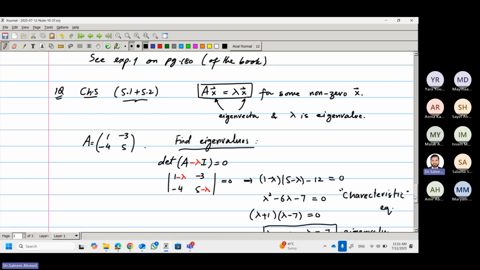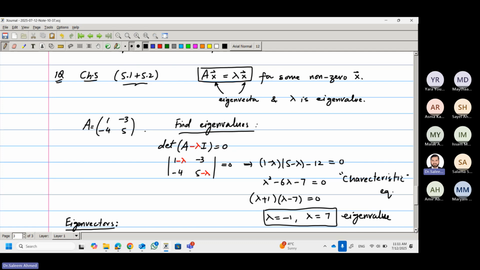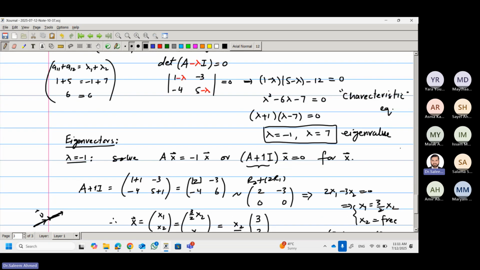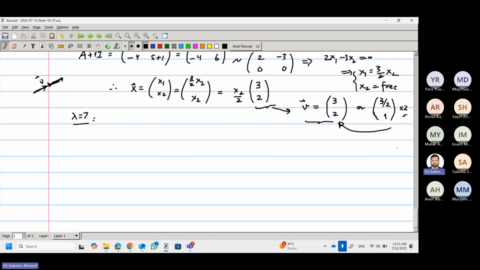You see, what is the sum of diagonals here? 5 plus 1, 6. And what is the sum of eigenvalues? Minus 1 plus 7, 6. You see, the sum of the diagonal a11 plus a22 is always equal to lambda 1 plus lambda 2. So 1 plus 5 equals minus 1 plus 7, 6 equals 6. This is a little check. If you find the eigenvalues, you can have a little check here.